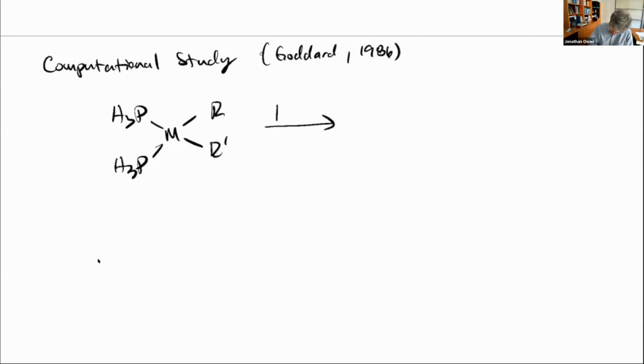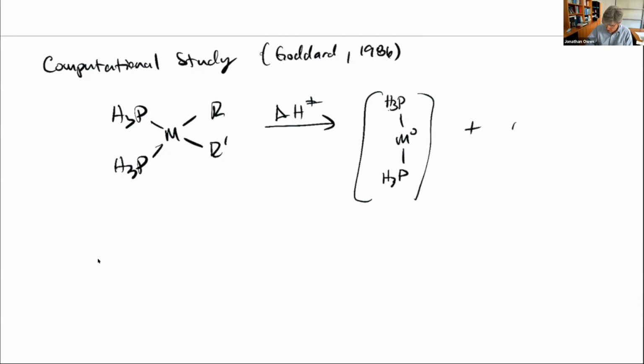They looked at the delta H double dagger for making this metal zero complex and an R-R' bond.